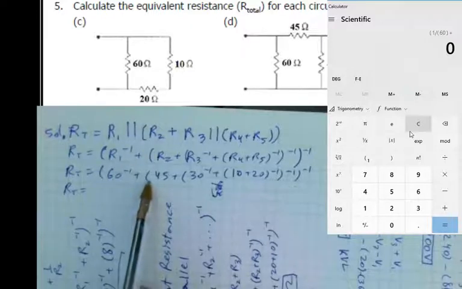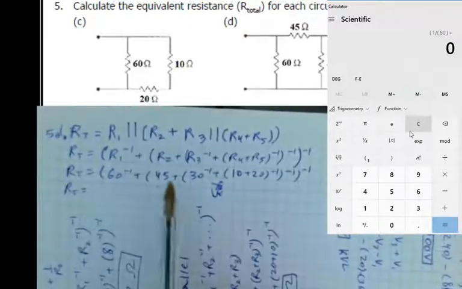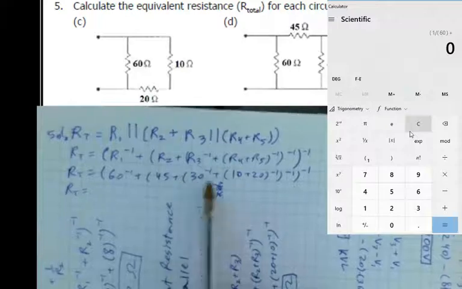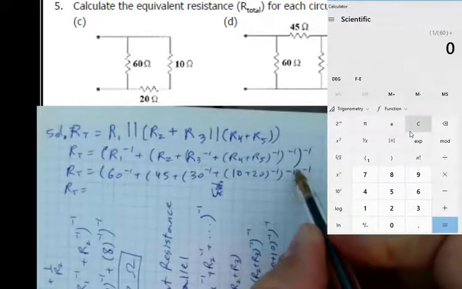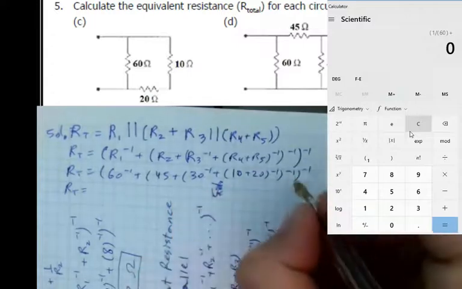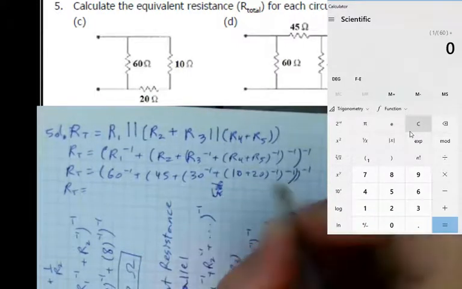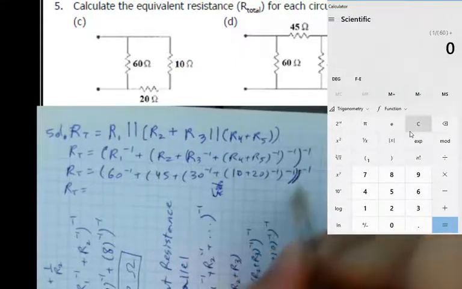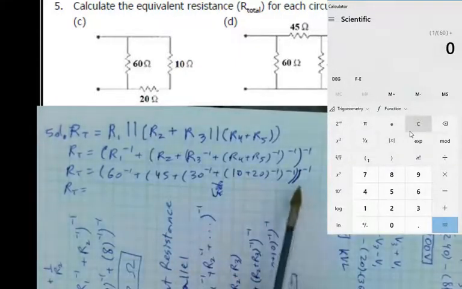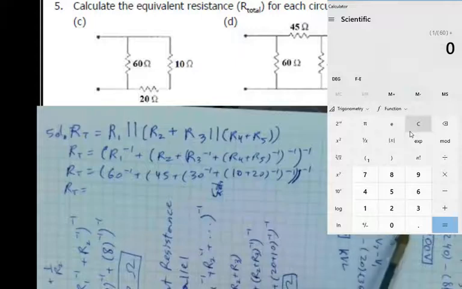Well, this 45 is supposed to be series added. So this closed bracket here is my add between the 30 and the 10 and the 20. I need to have a closed bracket just before that, and then another closed bracket with the reciprocal. So now let's try this out.